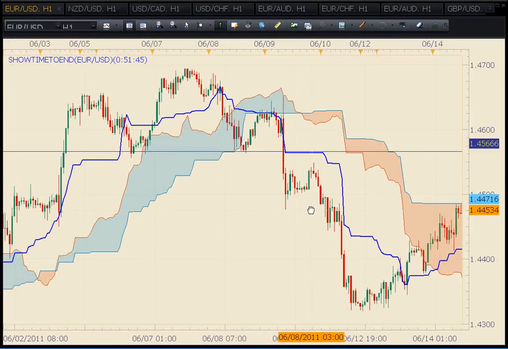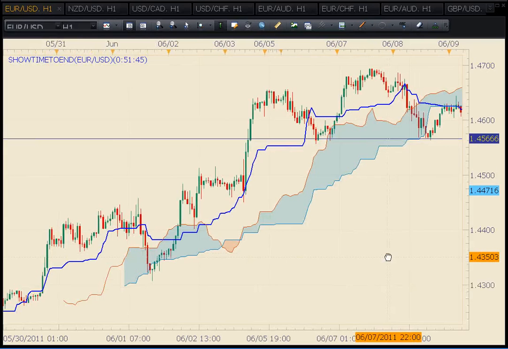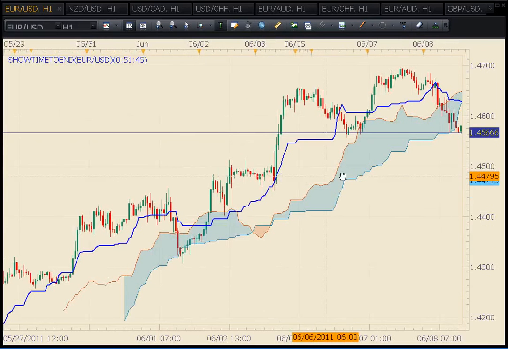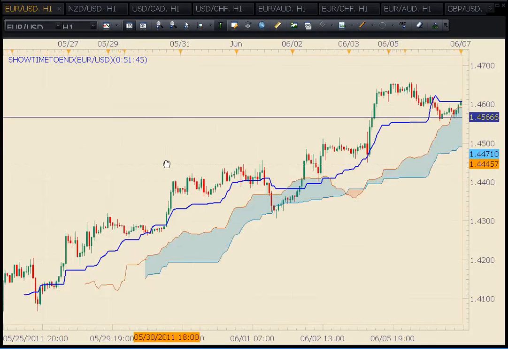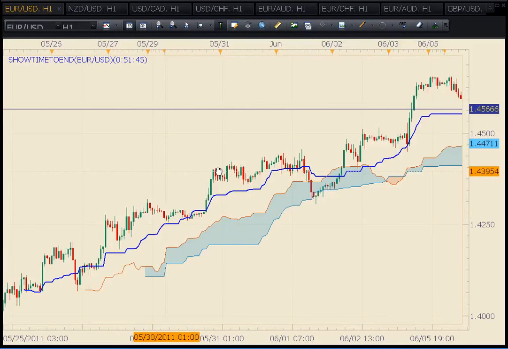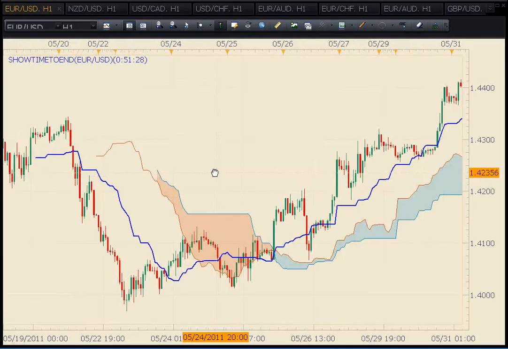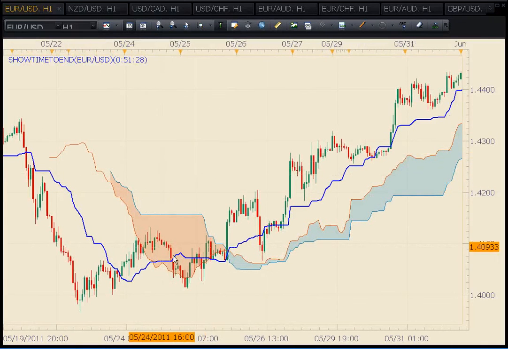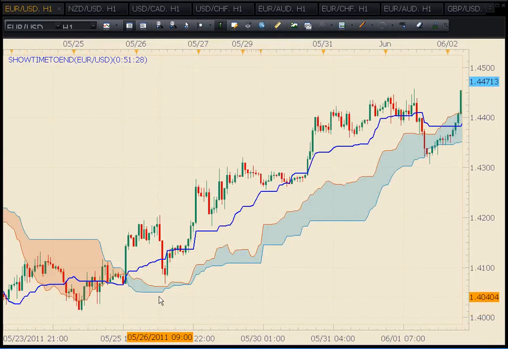If you take this chart and you look at what price was doing, we'll go back here, and I'm going to show you how to trade this. Let's start from right here.